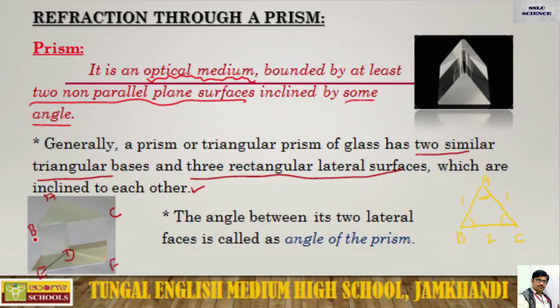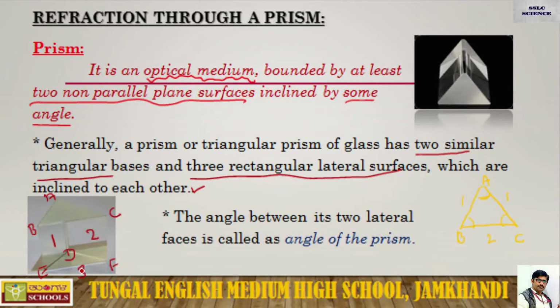Here ABED is the first rectangular surface. Similarly, ACFD is the second lateral surface, and you can take BCFE as the third. Generally, a triangular prism has two triangular bases, ABC and DEF, and three rectangular lateral surfaces: ABED as first, ACFD as second, BCFE as third.